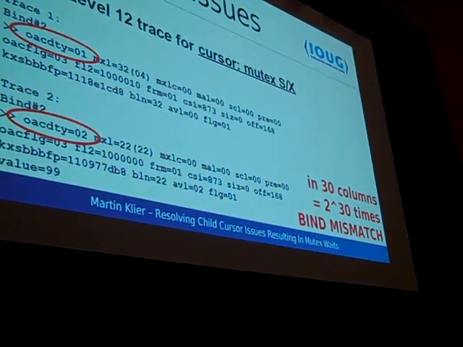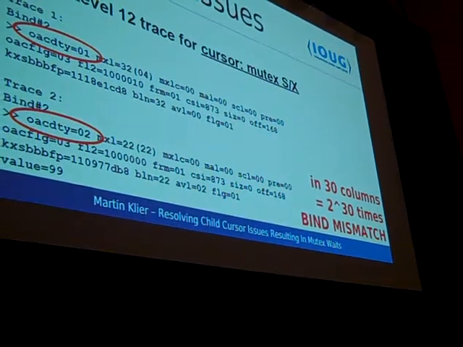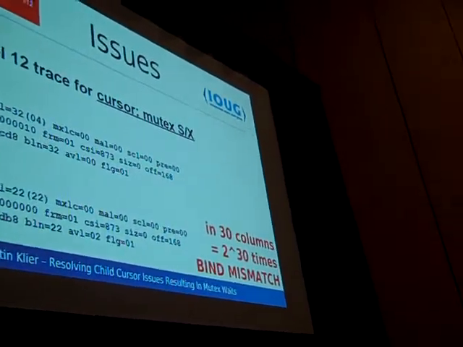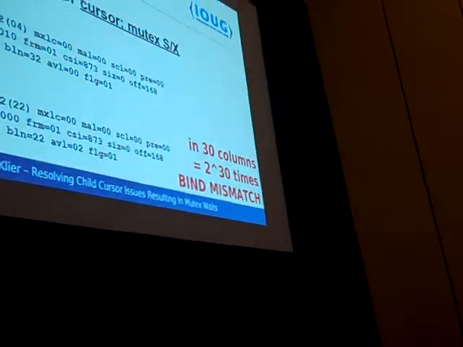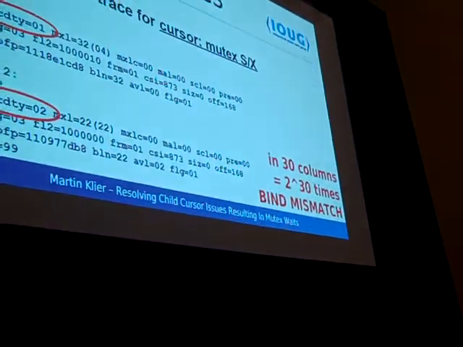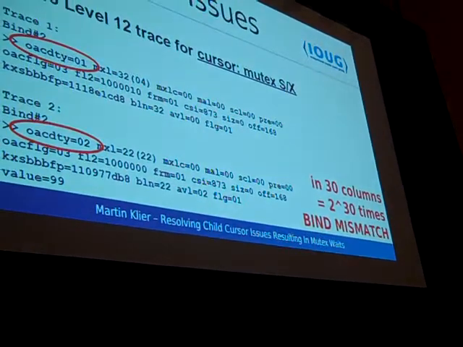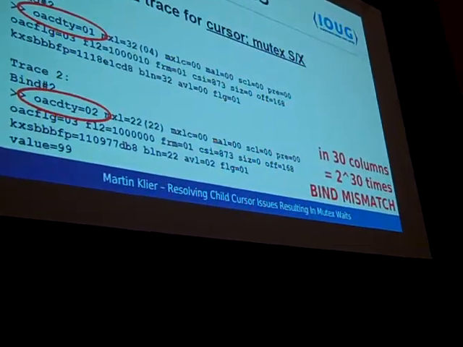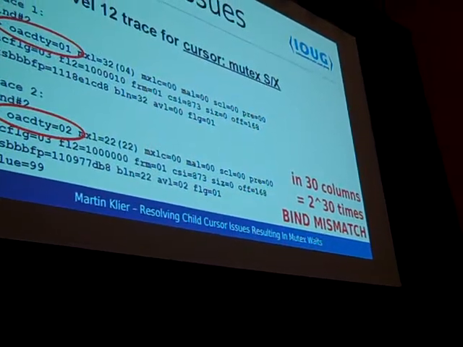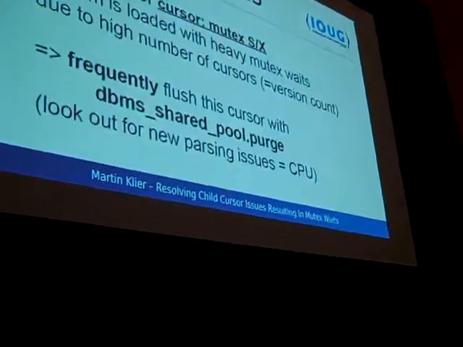And 2 to the power of 30 is way too much for most database servers I know. In my case, the death happened at 3,000, and it's way less than that. And it was a 16-core machine. So have a look if you're using bind variables and resetting them.